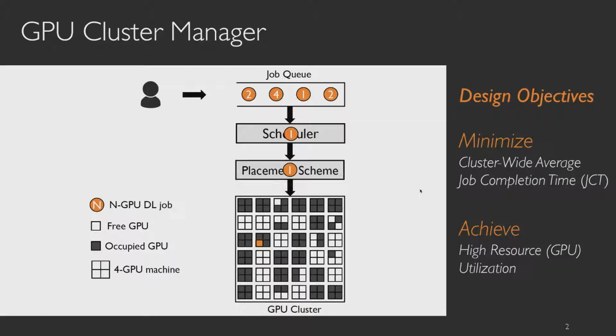So let's look at what it means to have a scheduler at the GPU cluster. Here you have a cluster with multiple machines. Each machine is attached to, in this example, 4 GPU devices. You start with a single cluster with a static layout of physical resources.